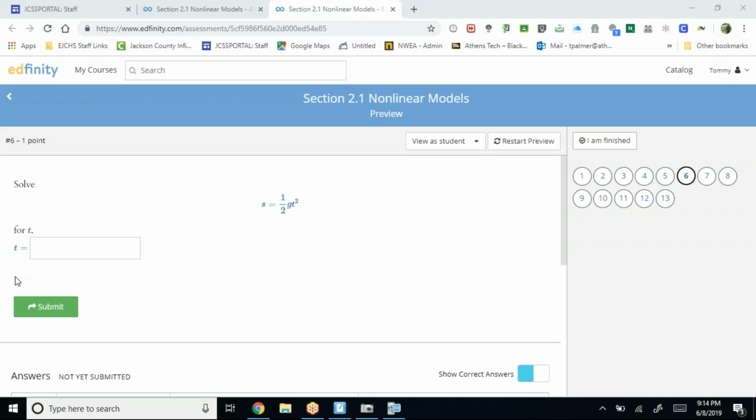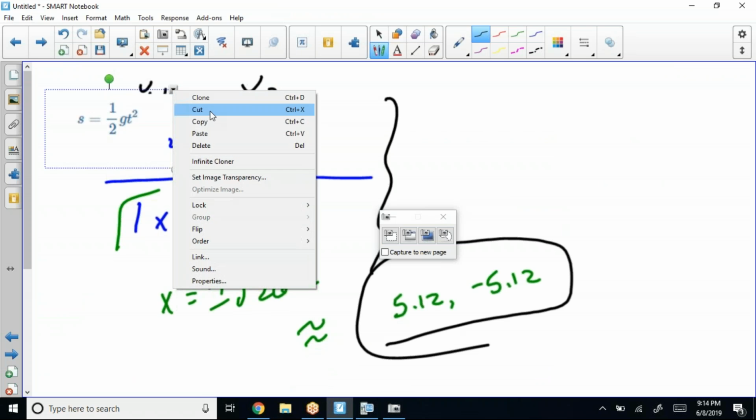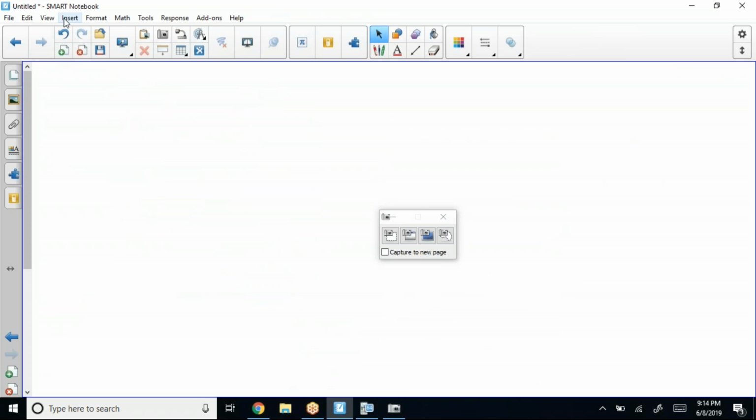So you do this. If you're solving for t, what would you put in for the left side over here?